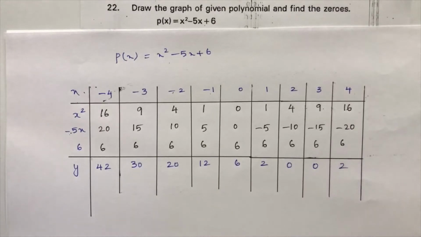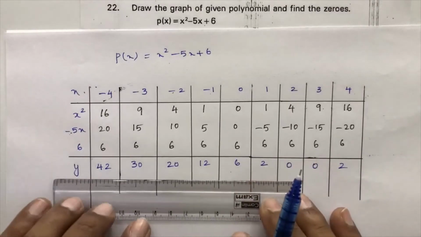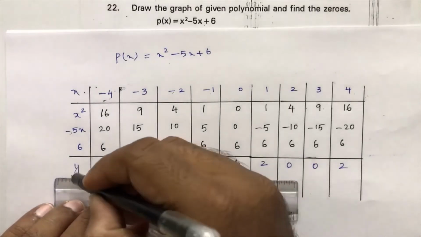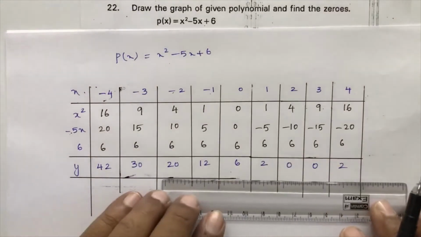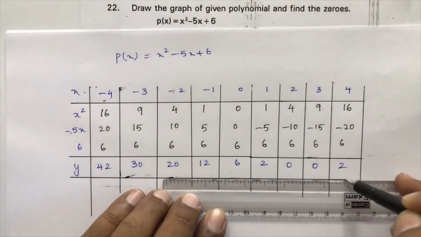Now we need to plot only this x and y. At the end you just write the values of x and y so that it will be clear what to plot.